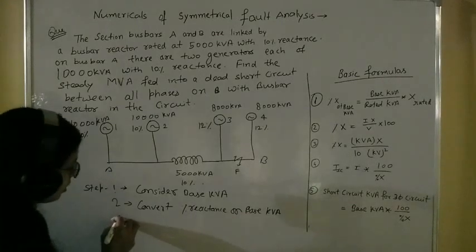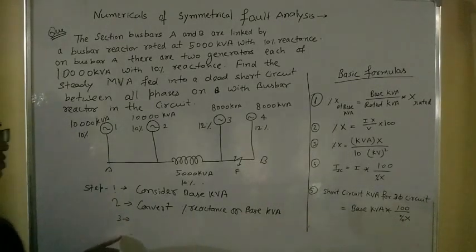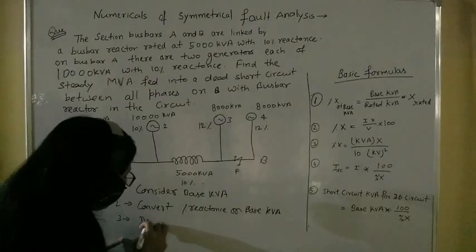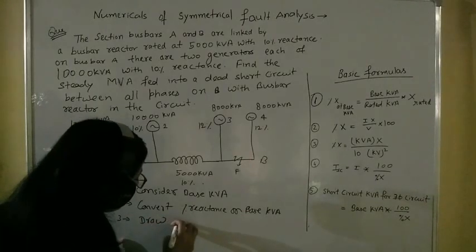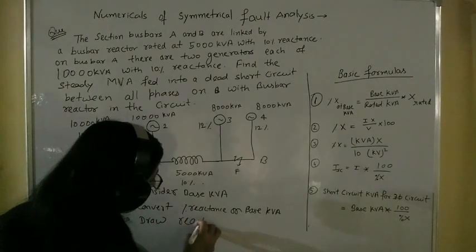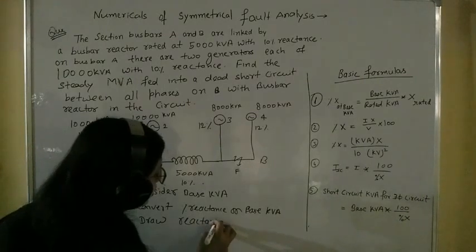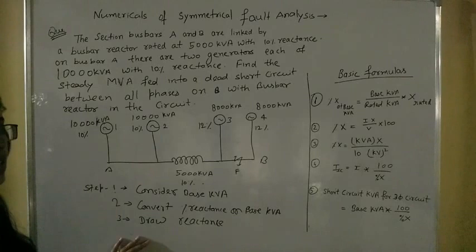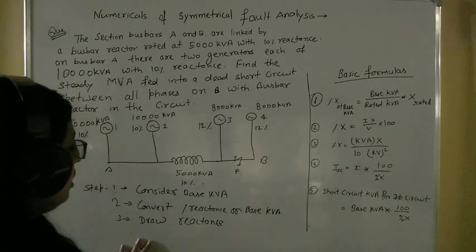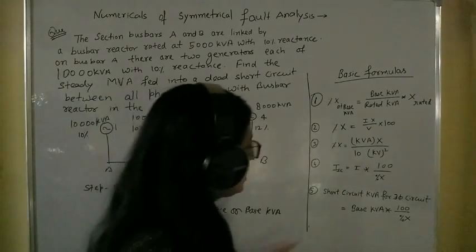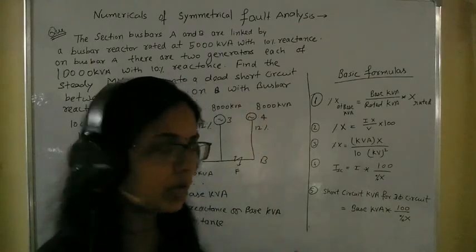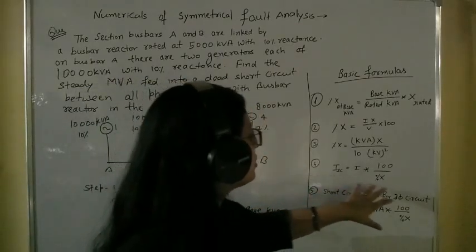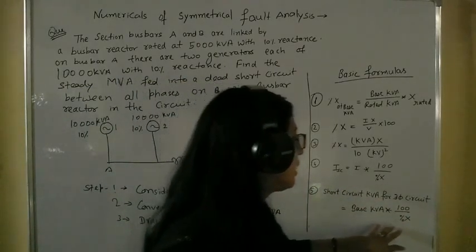Then the third step is to draw the reactance diagram. Why will we consider this reactance value or reactance diagram? Because percentage reactance value is very helpful in calculating the short circuit current or short circuit kVA.